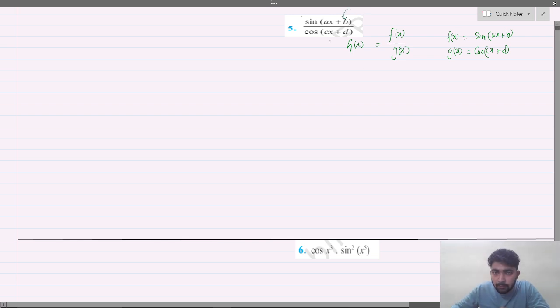If both arguments were the same, then we could convert into tan and simply apply the derivative of tan and then the chain rule. But the problem is that ax + b, the argument of sine, and the argument of cos are different. If both are of different arguments, then we need to apply the quotient rule here. What is the quotient rule?